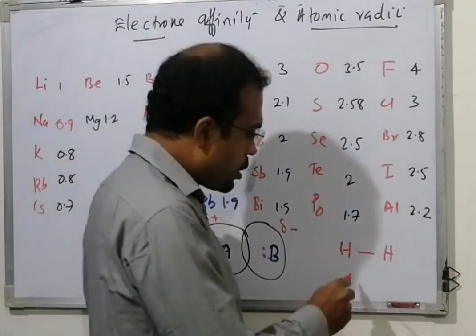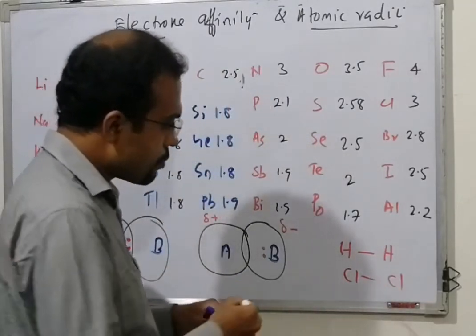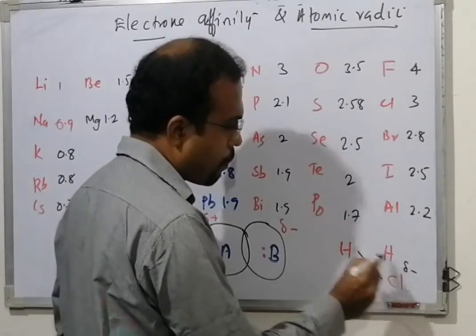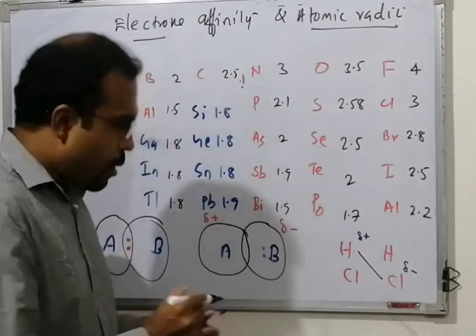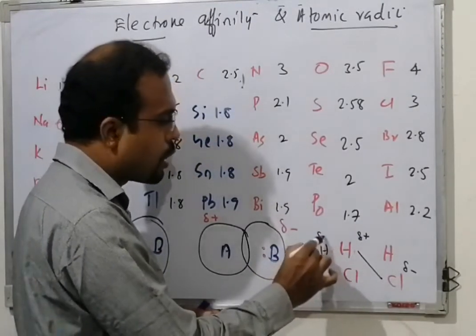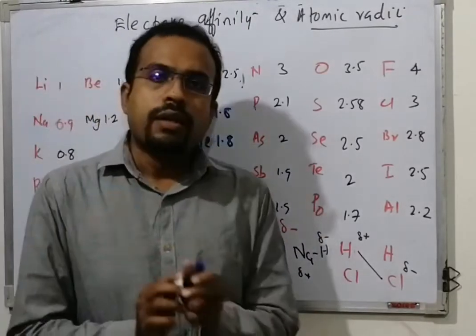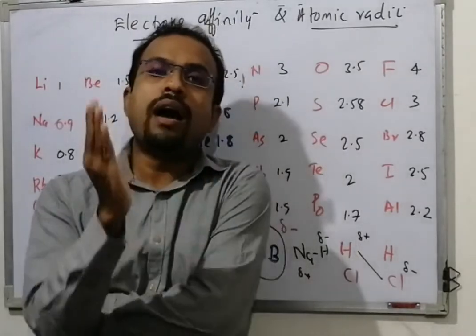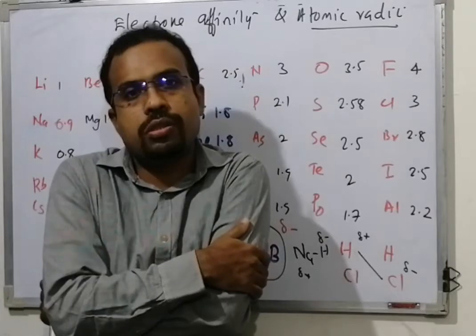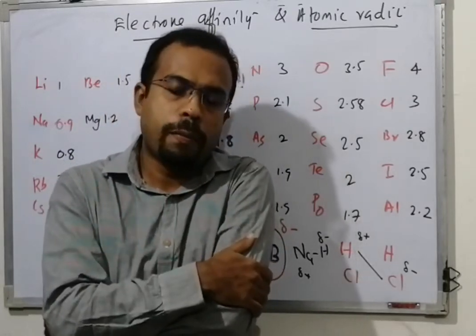But if you have a bond between different atoms, there will be an electronegativity difference. Suppose you have a bond like sodium and hydrogen, now the hydrogen will be negative, sodium will be positive. Therefore, which element has the partial negative charge depends upon their value of electronegativity.